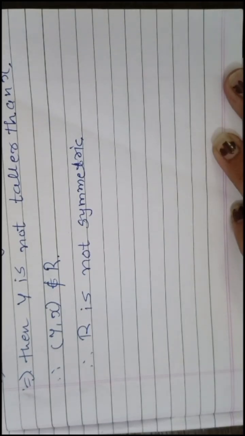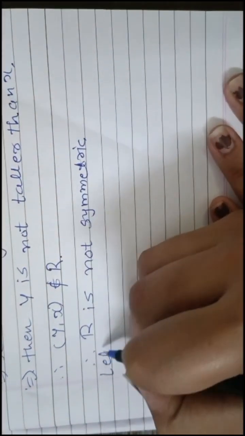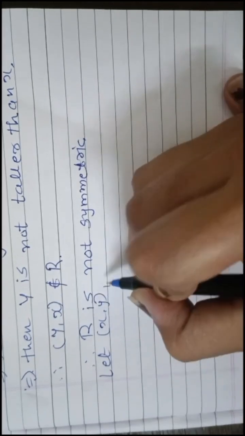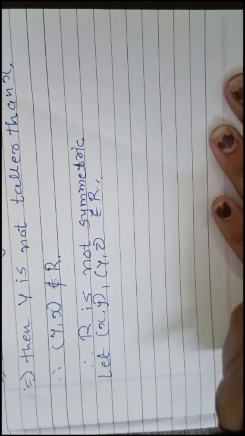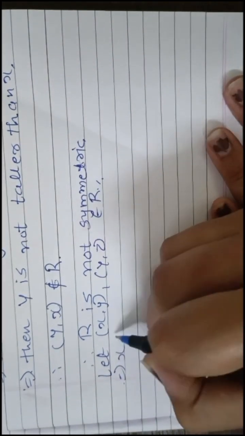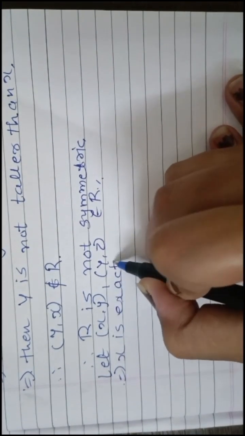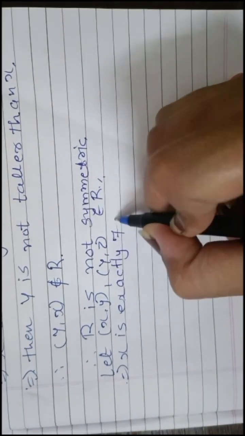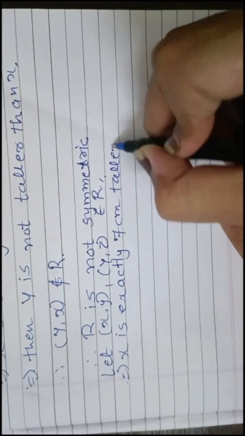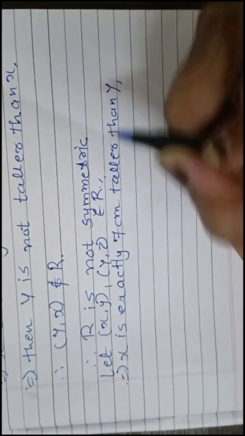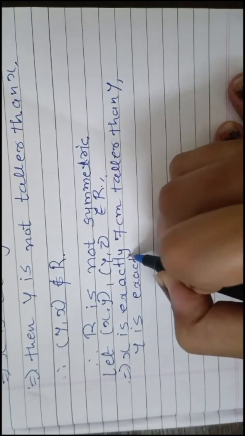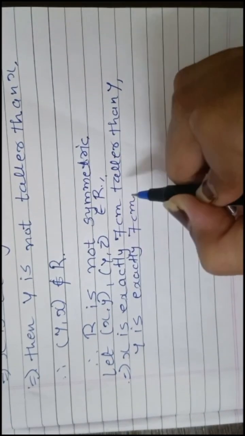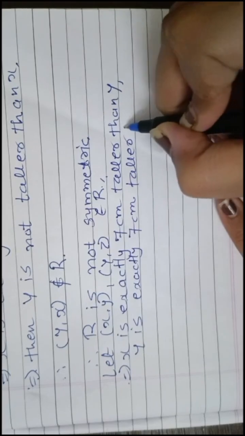Next, we will check for transitiveness. Let (x, y) and (y, z) belong to R. Then x is exactly 7 centimeter taller than y, and y is exactly 7 centimeter taller than z.